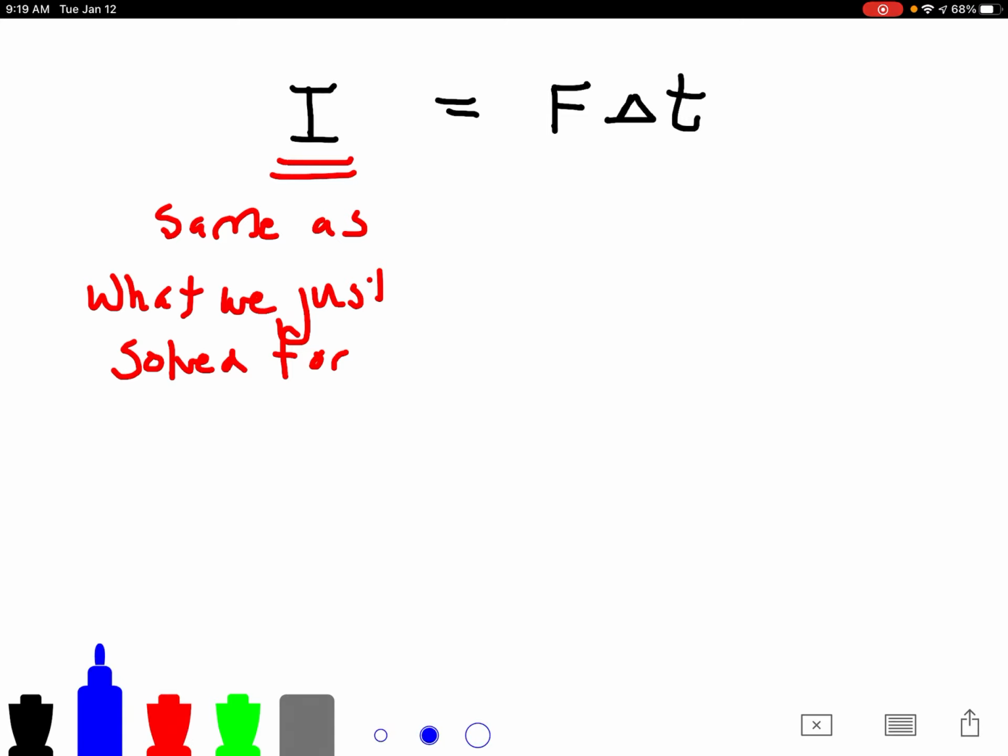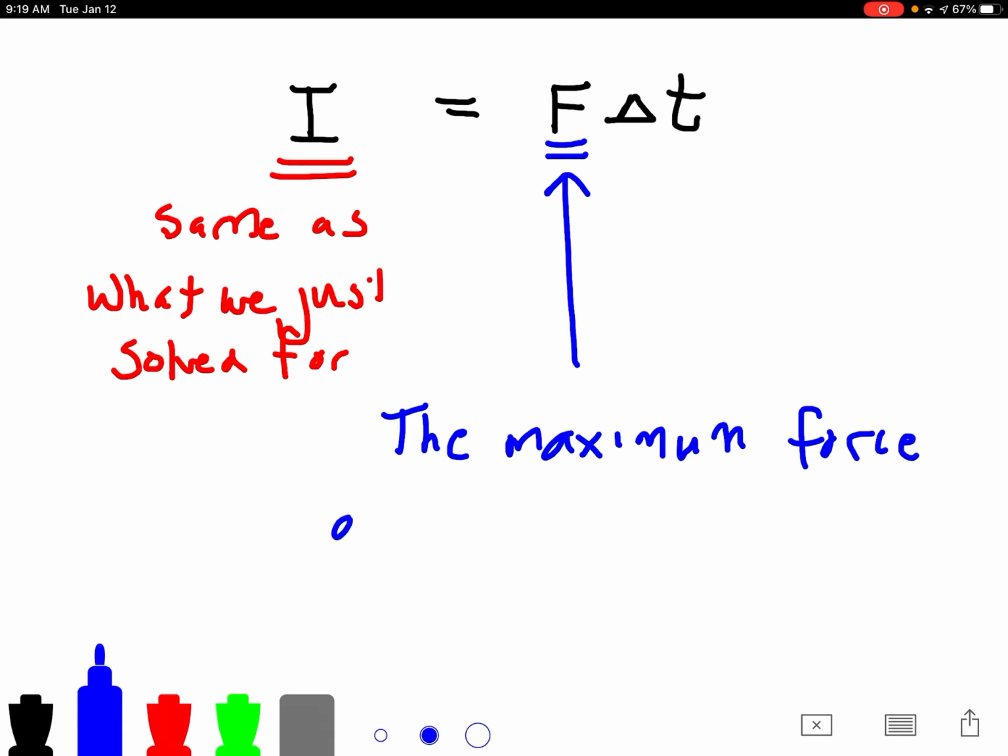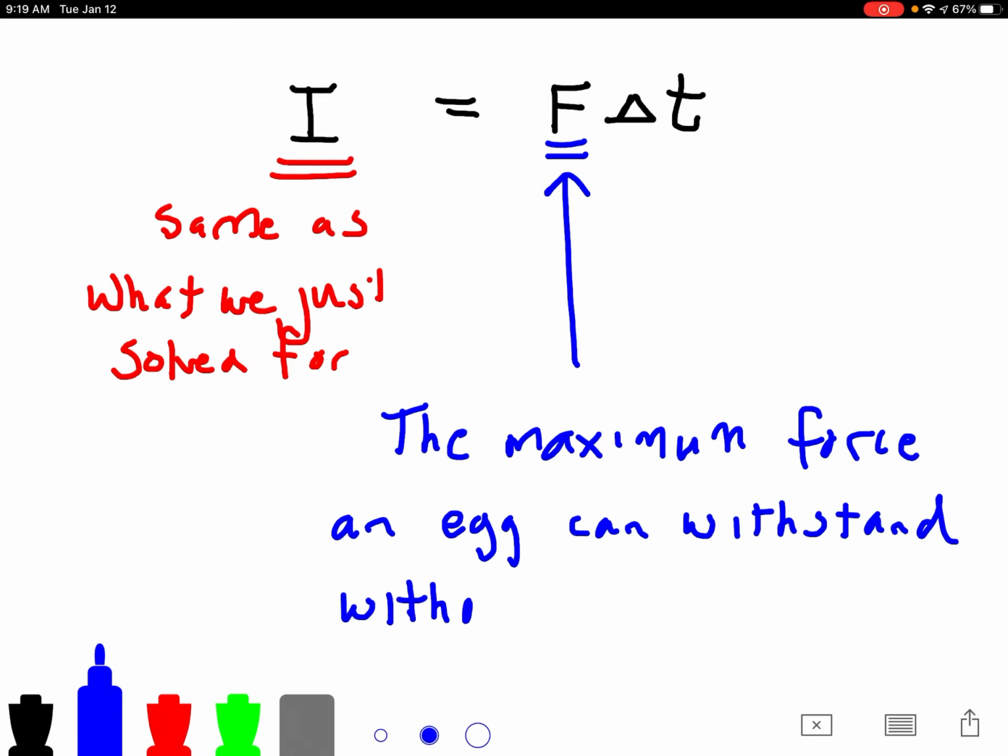And that's why I'm going to give you the value of F. And what is this value? So this is the force that could be applied to your egg. And there's no way to say for sure exactly what your force is. But what I'm going to tell you is the maximum force an egg can withstand without breaking.